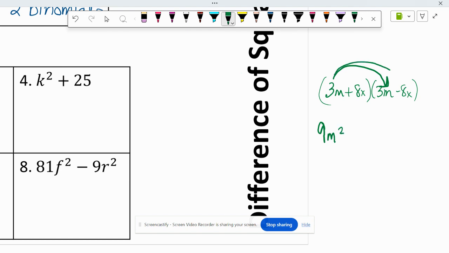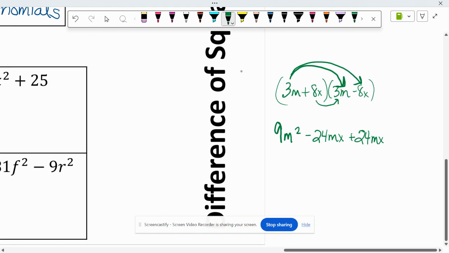If I do 3m times a negative 8x, 3 times 8 is 24. So I get a negative 24mx. I take my positive 8 times 3, I get a positive 24 m times x. And then a positive 8x and a negative 8x, 8 times 8 is 64. A positive times a negative is a negative, x squared.